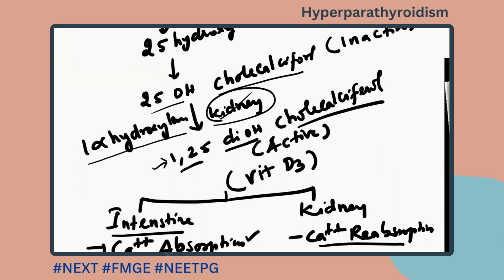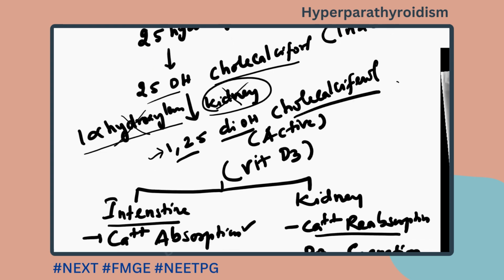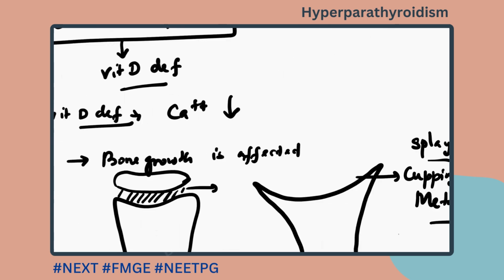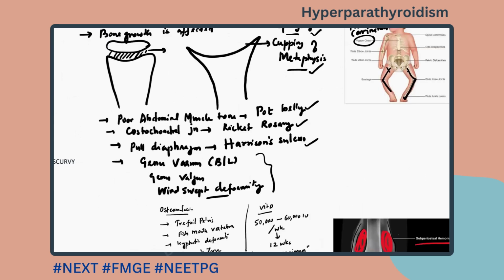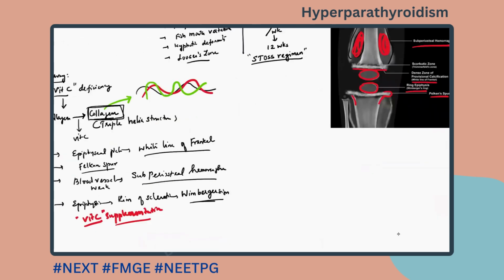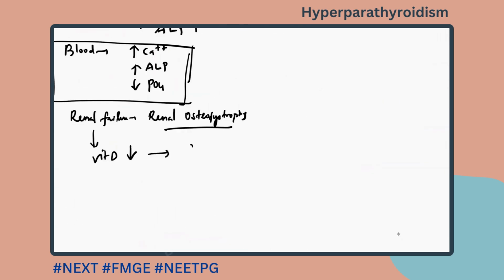If the kidney is not functioning, this enzyme will not work, so vitamin D formation will not happen. Once vitamin D formation is not happening, the calcium level automatically falls. This is one mechanism. So in renal failure, vitamin D synthesis decreases, and automatically calcium absorption from the gut and kidney decreases.